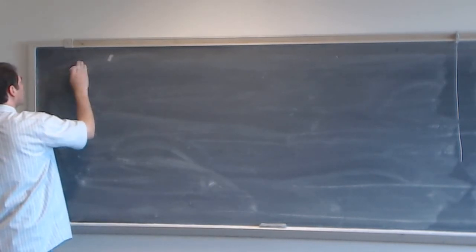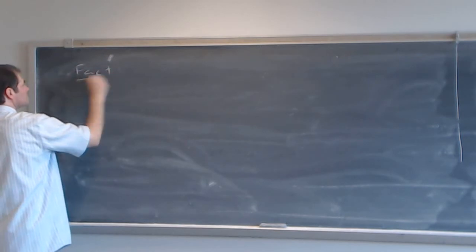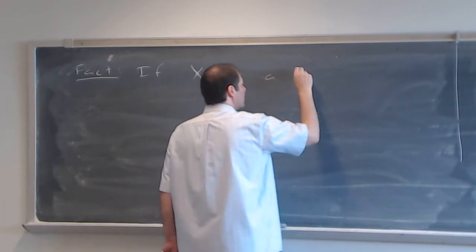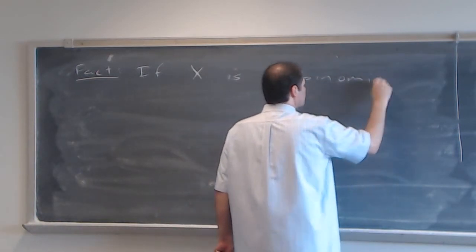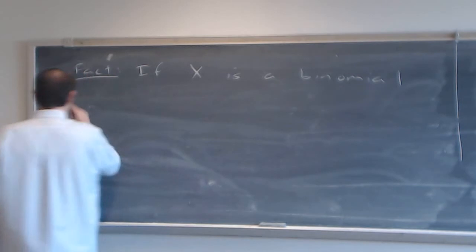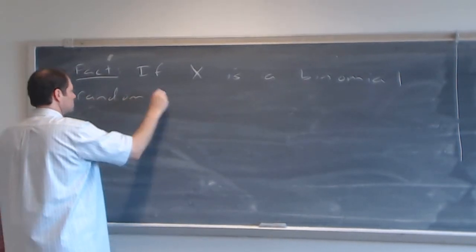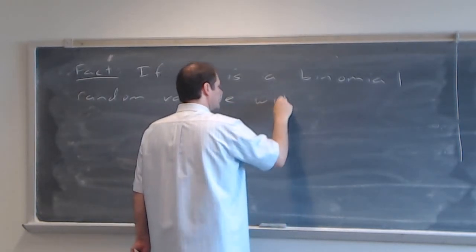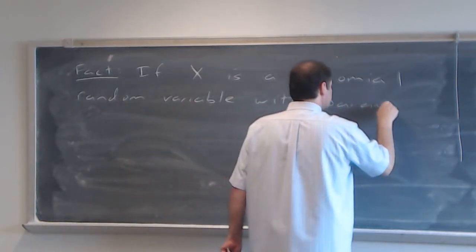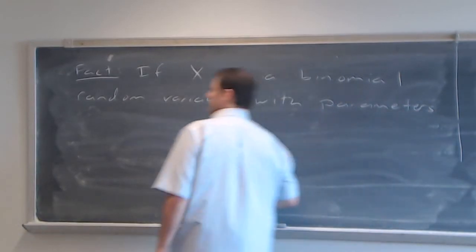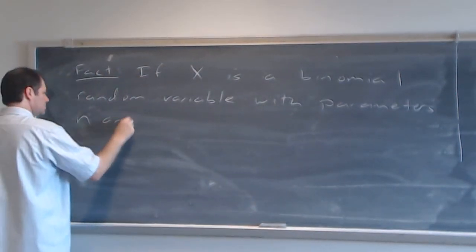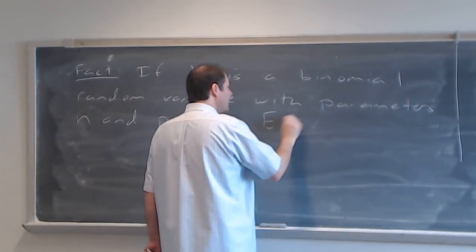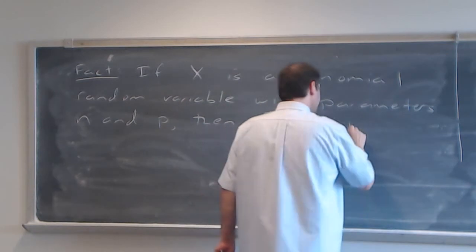Now, as a fact, if X is a binomial random variable with parameters n and p, then the expected value of X is n times p.